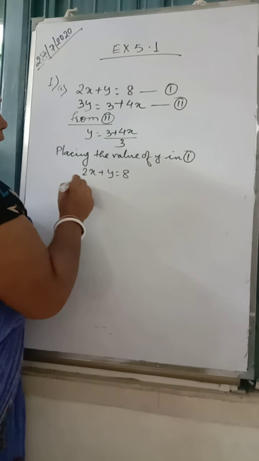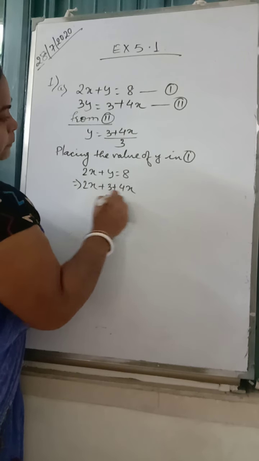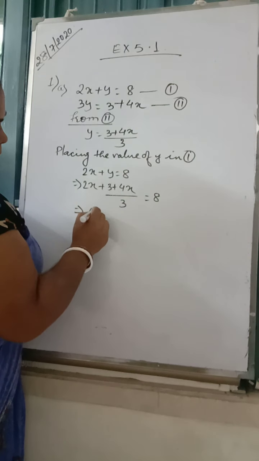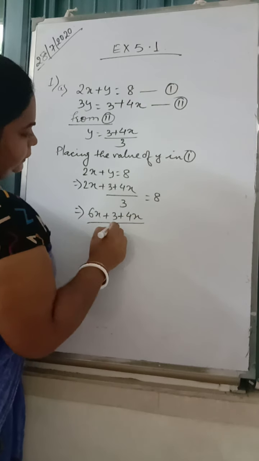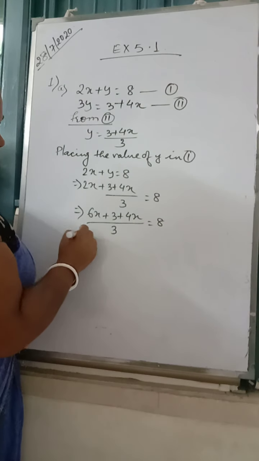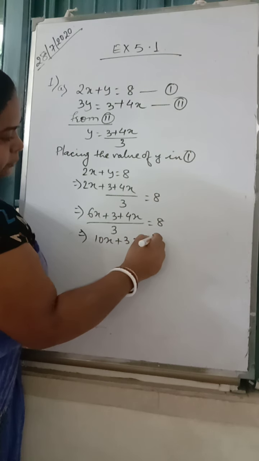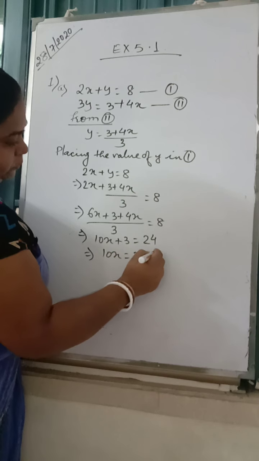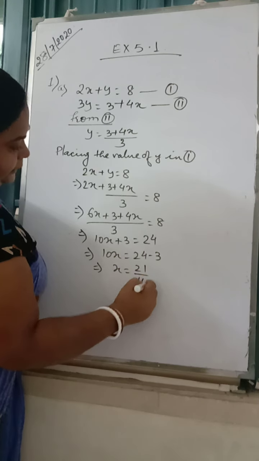So instead of y I can write 2x plus (3 plus 4x) by 3 is equal to 8, or 6x plus 3 plus 4x by 3 is equal to 8, or 10x plus 3 is equal to 24, 10x is equal to 24 minus 3, or x is equal to 21 by 10.